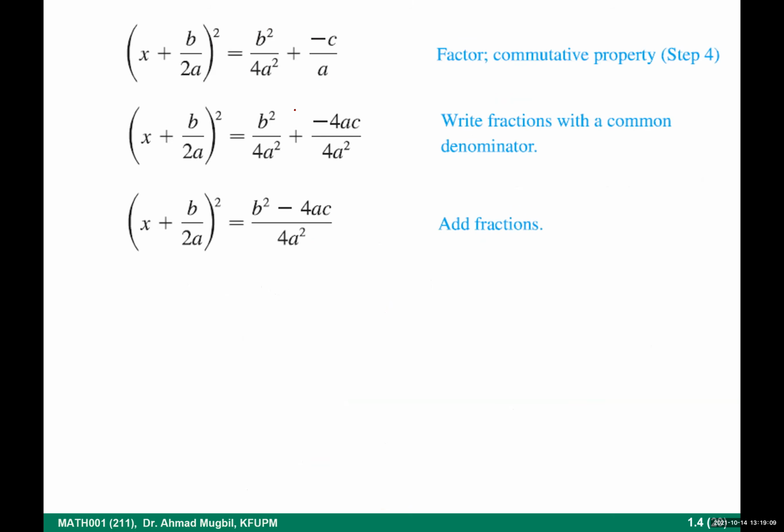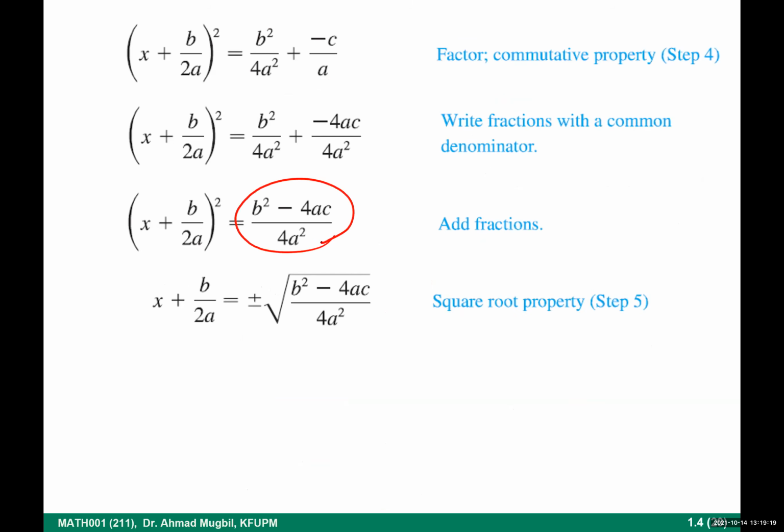Next, what will we do? Take the square root of both sides. So you will get that x plus b over 2a is positive or negative the square root of this. You can distribute the square root over the quotient: the square root of the numerator over the square root of the denominator, and of course here it will be 2a, whether a is positive or negative.